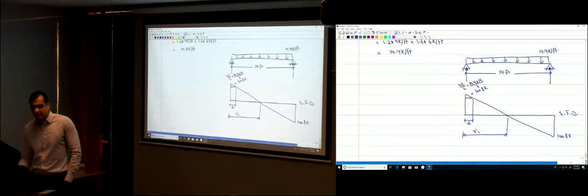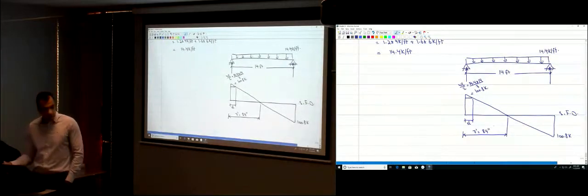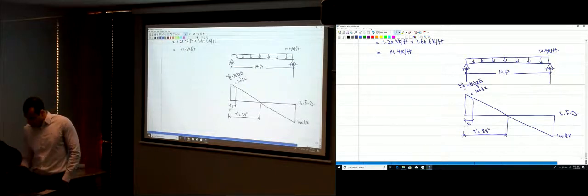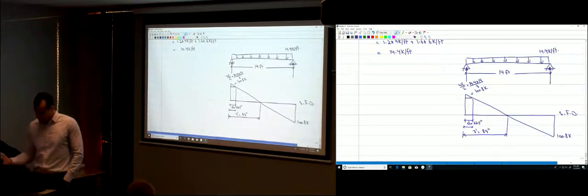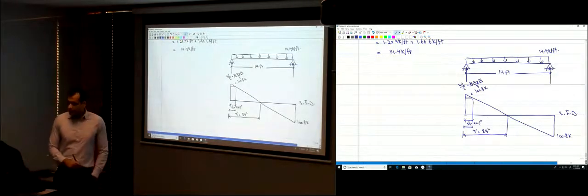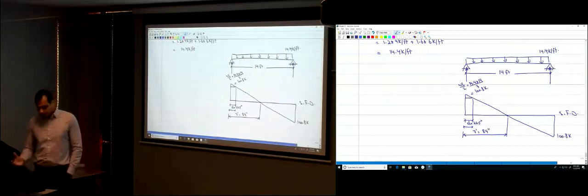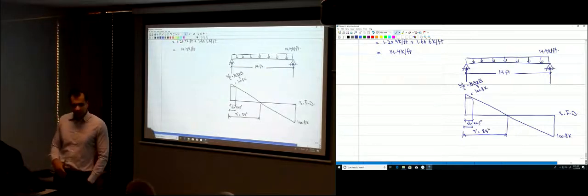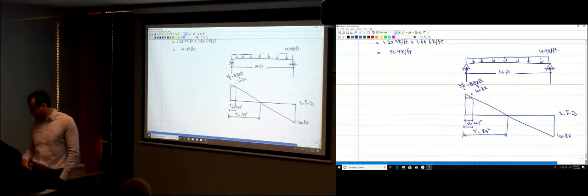So 7 feet is 7 times 12, it's 84 inches. How much is D? 22.5 inches. So you can apply the similarity of those triangles by the ratio and find V ultimate.